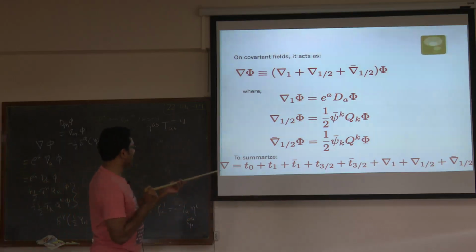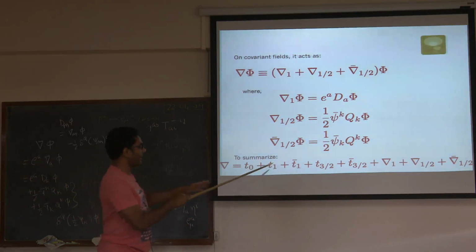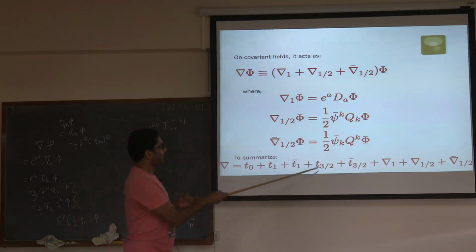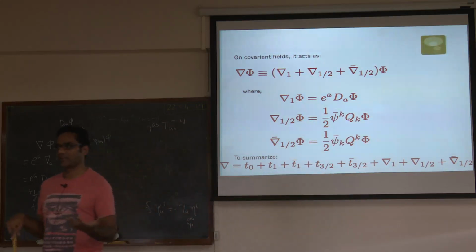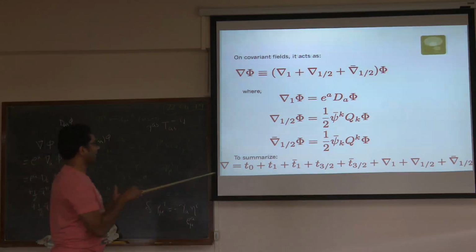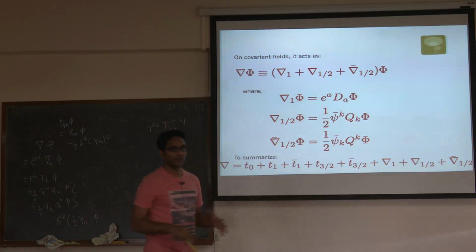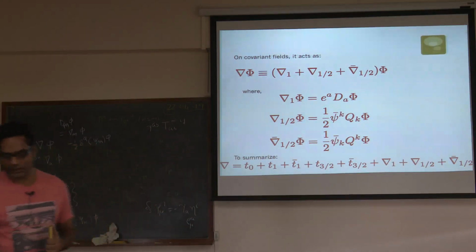If del is acting on the Weyl-Bein, you only have T0 acting on that, other things do not play a role. If del is acting on gravitino, you have either T1 or T3/2 or T bar 1 or T bar 3/2 depending on whether it is a left handed or right handed gravitino. If it is acting on a covariant object, you only have these things contributing. That is how we will organize our calculations.